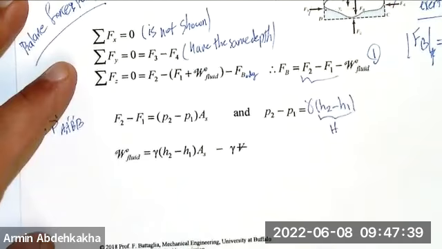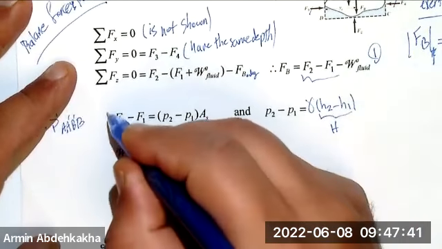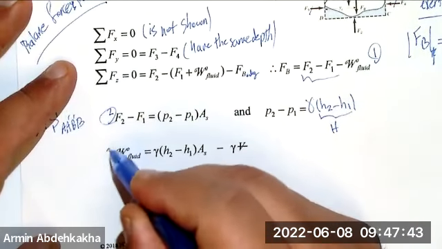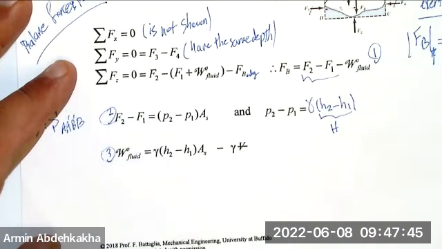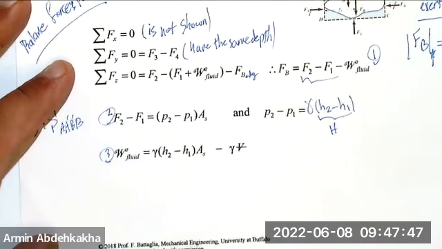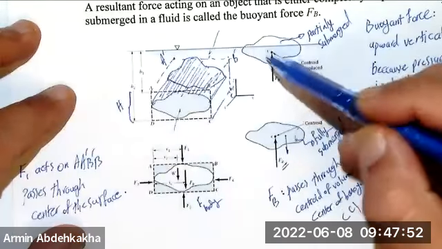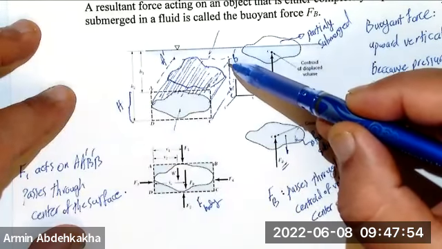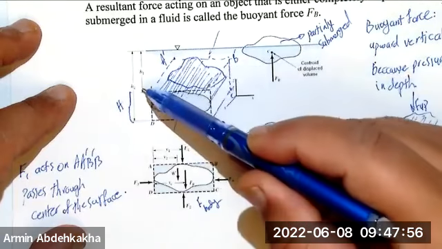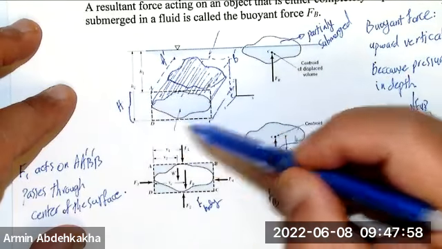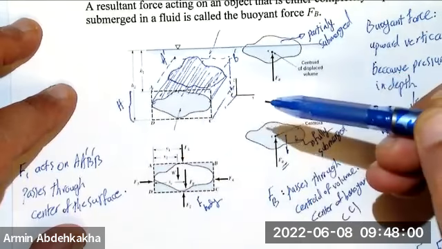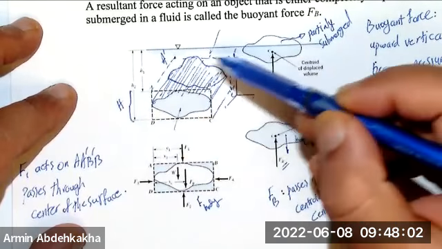Let's talk about the volume. That's the second equation. But this is the third one. What is the W of the fluid? The W of fluid, again, if you check the 3D, you have a box. What is the volume of the box? It is H times this side times this side, right? That's the whole volume of the box.